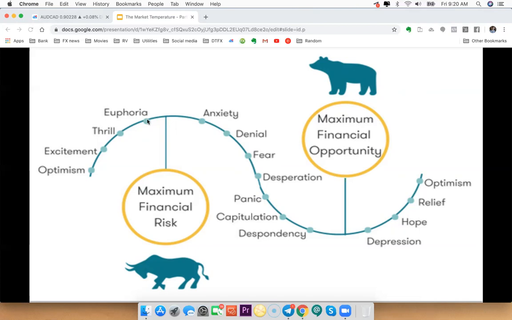I think it's time to buy. And I'm going, okay, that was kind of the signal I was looking for, that it's time to sell. We're entering the euphoria stage where people that didn't even know a stock market existed are starting to say, hey, how do I get involved here?